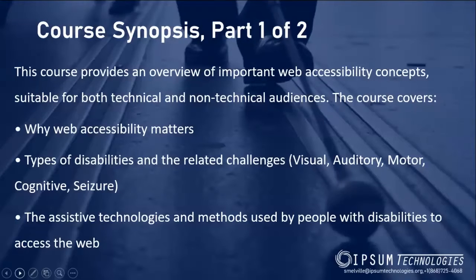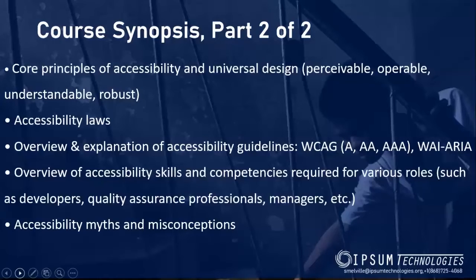So just to quickly go over the course synopsis, we've already looked at why web accessibility matters. We've looked at the different types of disabilities and related challenges. We've looked at some of the assistive technologies and the methods used by persons with disabilities to access the web. We've also looked into some of the WCAG guidelines that help to define whether a website is accessible or not.